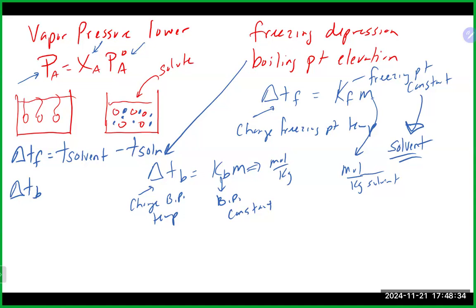Because it is boiling point elevation, the solution will boil at a higher temperature than the pure solvent. So in this case, we take the temperature of the solution minus the temperature of the solvent. And those two relationships are really important because they will allow you to multiply, add or subtract correctly, depending on what you're looking for, if you do it in that direction.